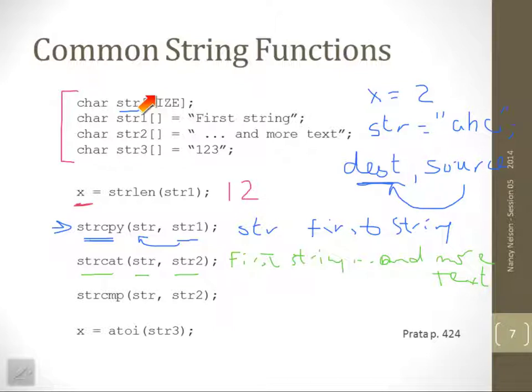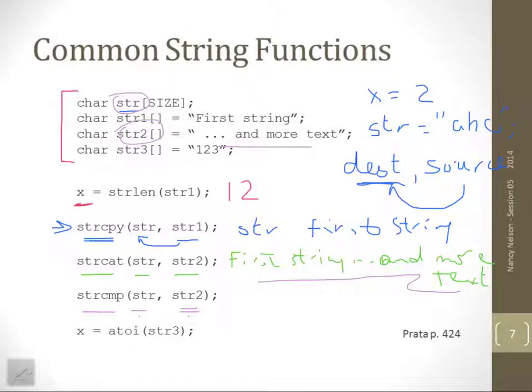Now let's look at the last one down here. Oh, actually we've got two more. We've got string compare. This one is going to compare the first parameter to the second parameter, so str to str2. str currently has this big long string of text, and str2 has and more text.